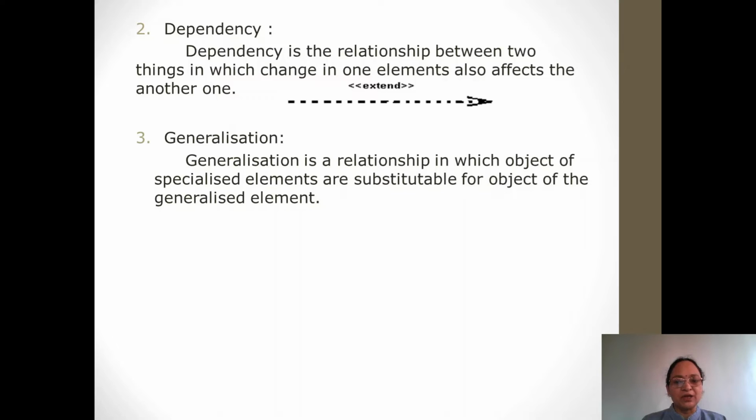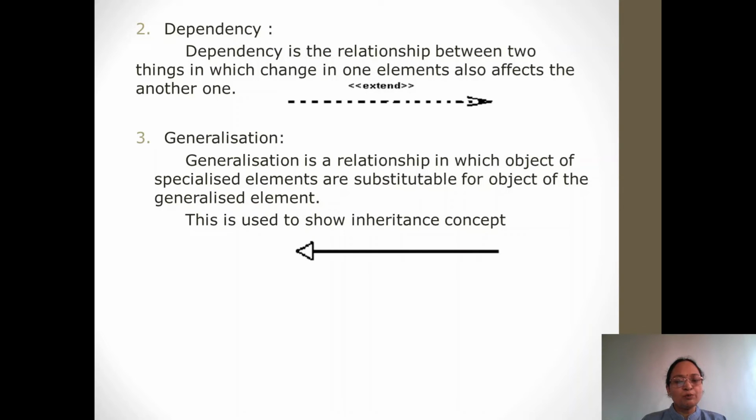Generalization is a relationship in which objects of the specialized elements are substitutable for objects of the generalized element. This relationship is used to show inheritance in the object-oriented concept, parent class and child class, shown by a solid line and a hollow arrow at one end.